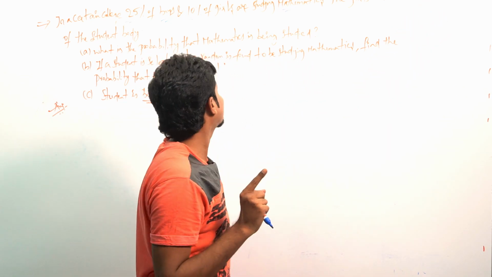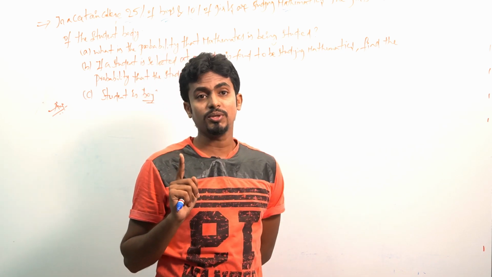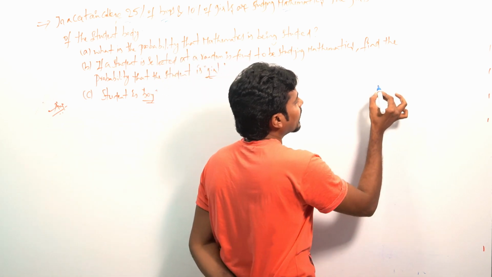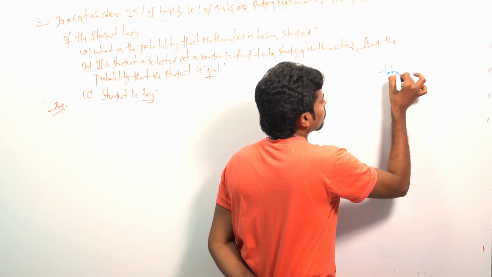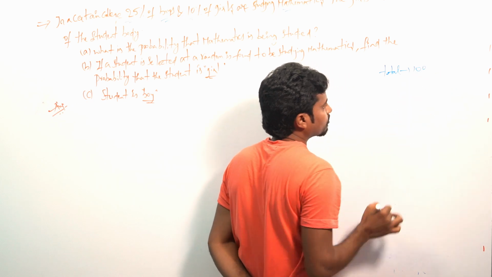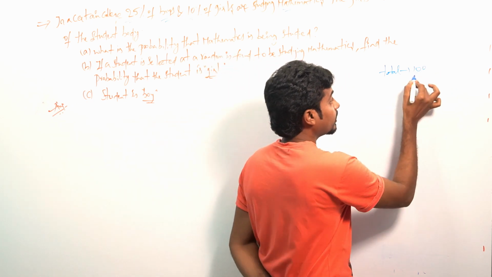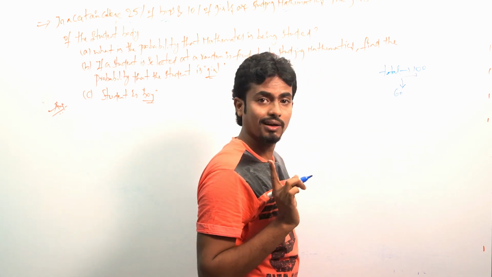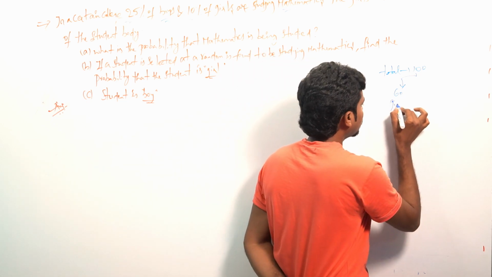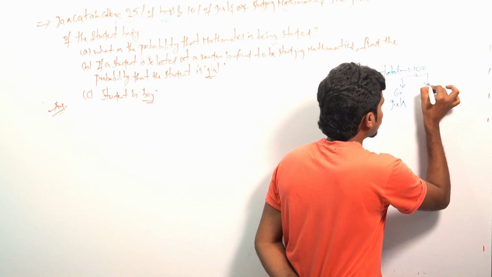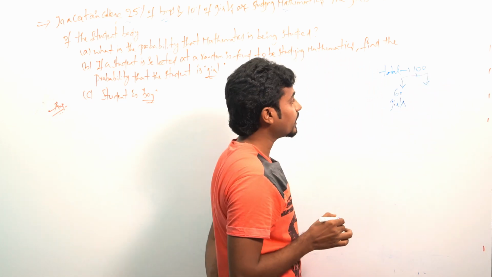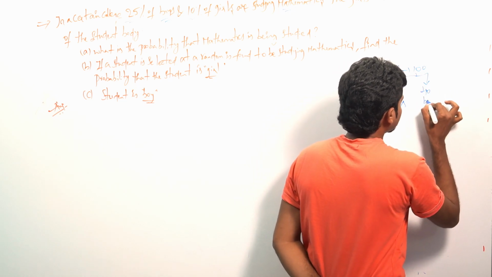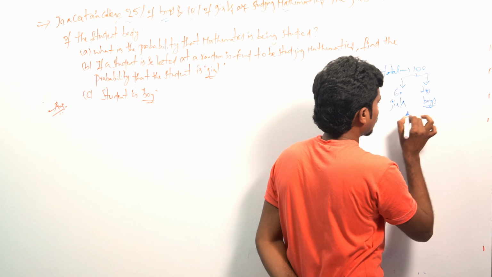For example, if I take the total number of students to be 100, then 60 members will be girls.